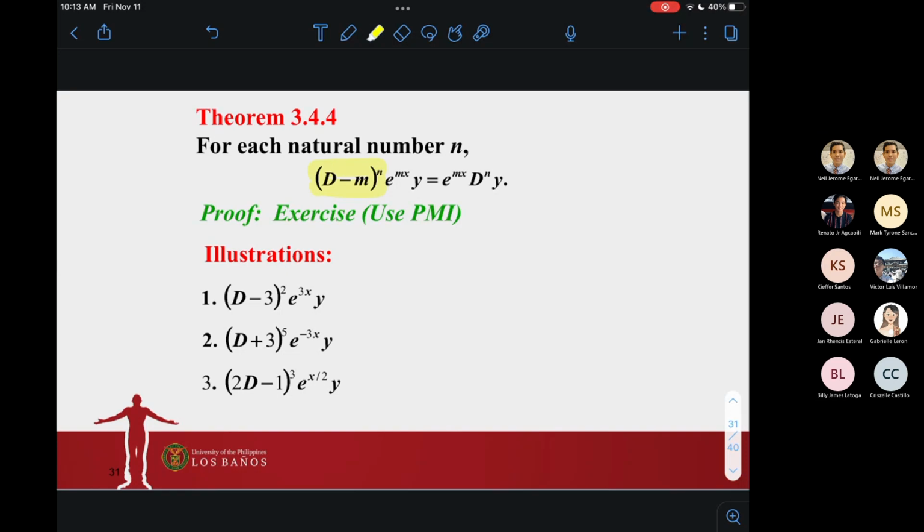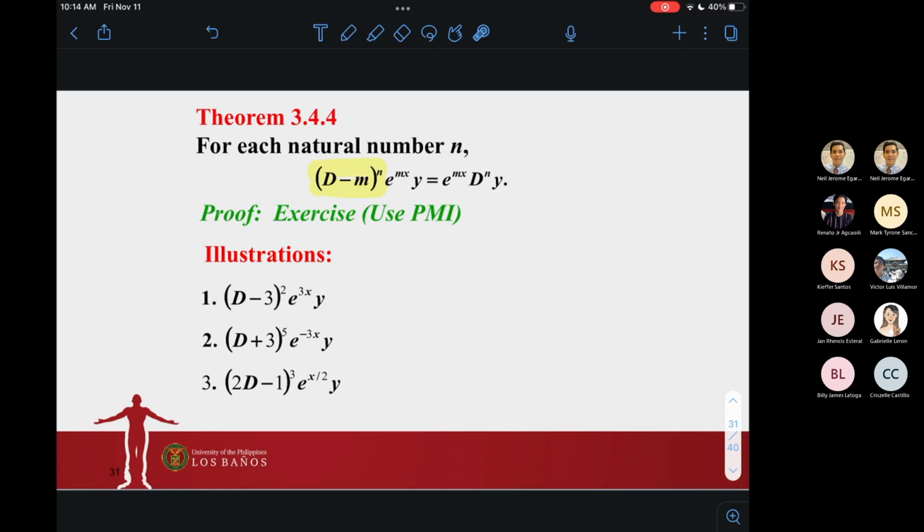Okay? Sinasabi ng theorem 3.4.4, pag ang operator (D - m)^n, ibig sabihin, i-apply mo si operator D - m sa function e^(mx) times y, n times ng sunod-sunod.